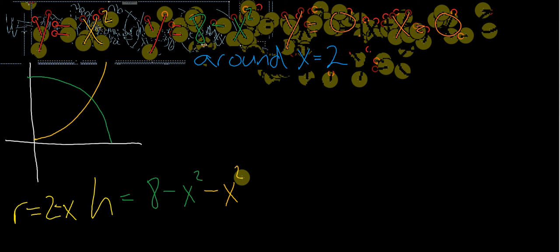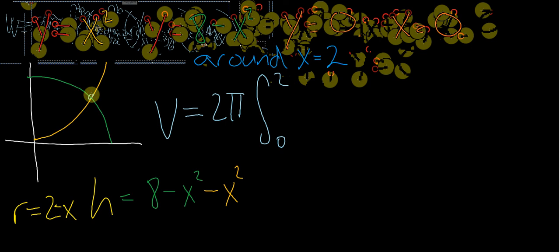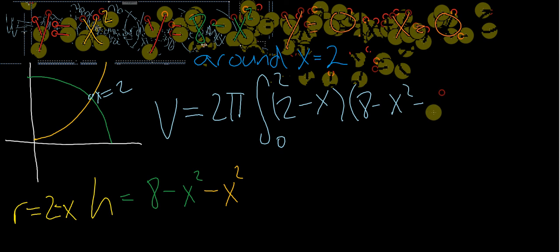And now we just plug that into our equation. So your volume equals 2 pi times your integral from 0 to 2, because that is where these intersect, and then times your radius, which is 2 minus x, and then your height, 8 minus x squared, dx.